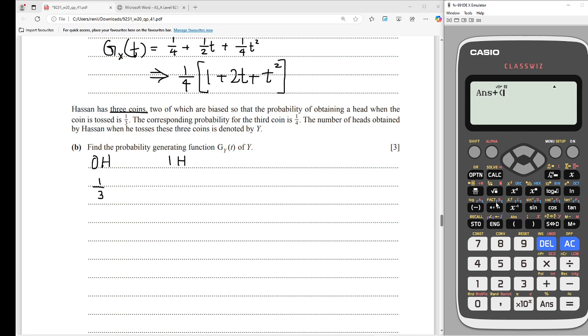So we get 1 by 9 there and times it by getting a success in this one, which is 1 by 3 multiplied by 3 by 4, plus this with getting a success in the first one and multiplying this with failure and failure. We get here 4 over 9.